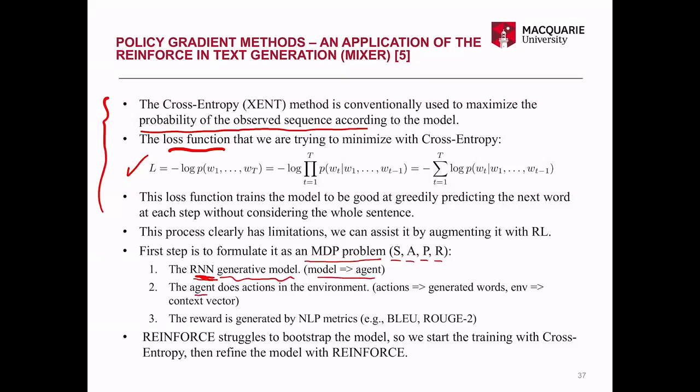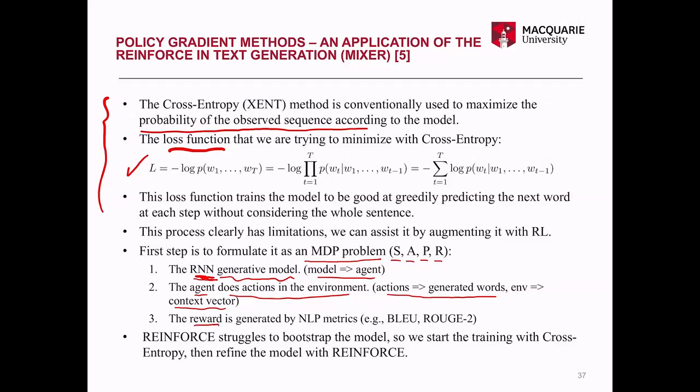The agent or the network does actions in the environment. In our case, actions are going to be generated words, and the environment is the context vector. So when you embed your text or preprocess your image, the final thing before generating a text is called a context vector. That acts like an environment.